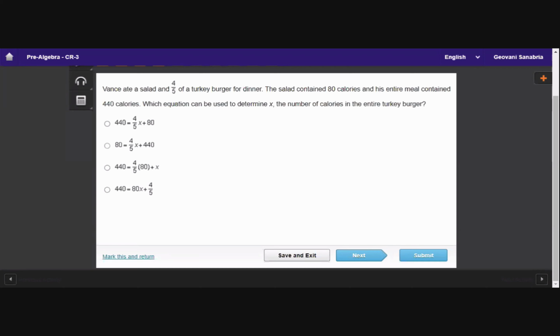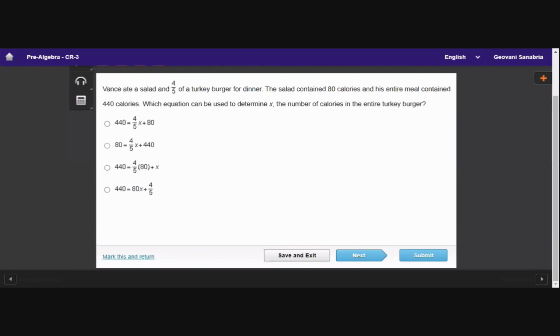All right, so let's see. Vance ate a salad and 4/5 of a turkey burger for dinner. The salad contained 80 calories, and his entire meal contained 440 calories. Which equation can be used to determine x, which is the number of calories in the entire turkey burger?